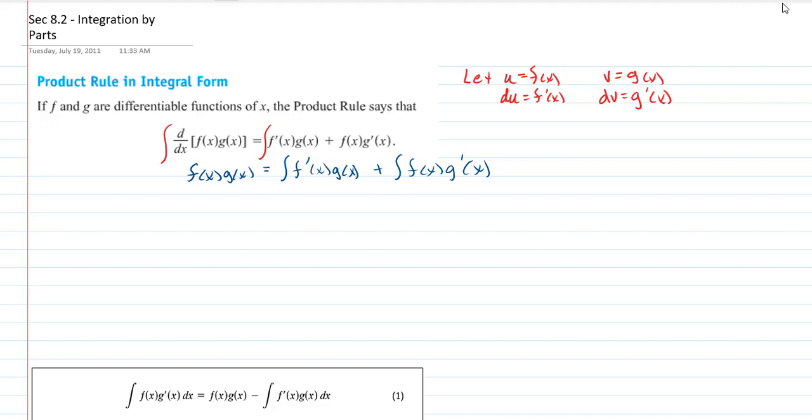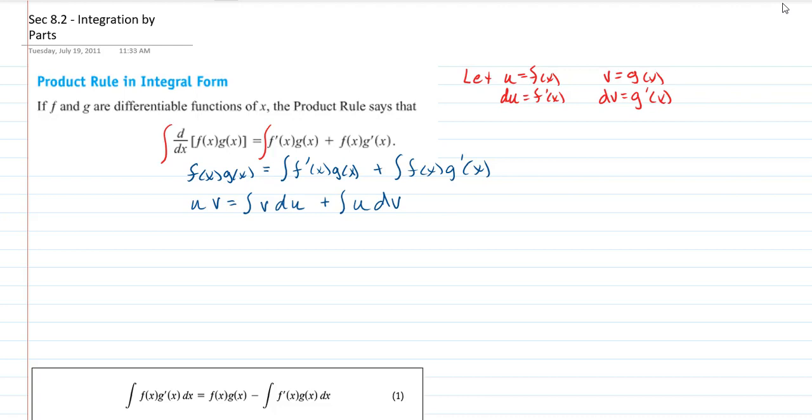Now I'm going to plug in these u's and du's and v's and dv's. So this says that I get uv equals the integral of the derivative of f is du and g is v. So that's going to be v du plus the integral of u dv.